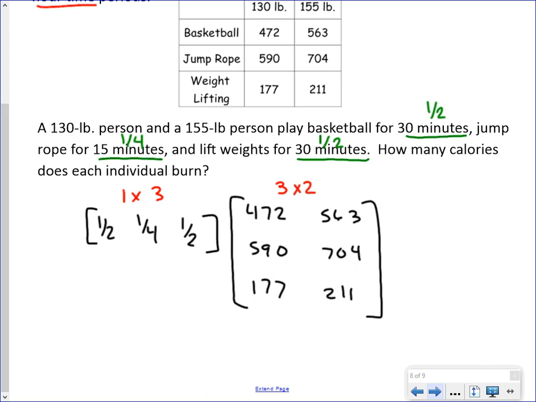When I add them all together, that's my total calorie burn for my 130-pound person. And then I'll do the next column, 1/2 times 563, 1/4 times 704, 1/2 times 211. Add them all together, that's for my 155-pound person. Okay. So you'll just have to read the problem and decide, what does the scenario call for?